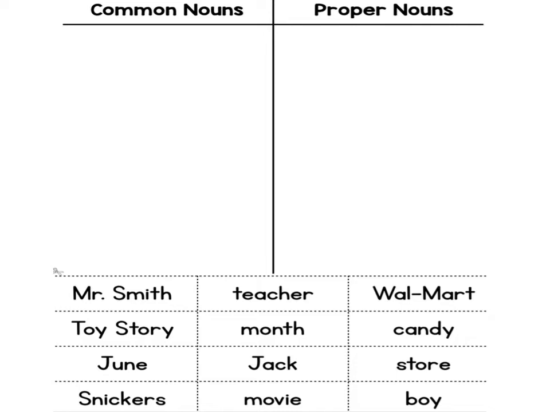Here are the choices: Mr. Smith, teacher, and Walmart, a name of a mall, Toy Story, month, candy, June, Jack, store, sneakers, movie, and boy. Now, sort the following examples into common nouns and proper nouns. If you are not yet done, just click the pause button, and if you're done, click the play button.